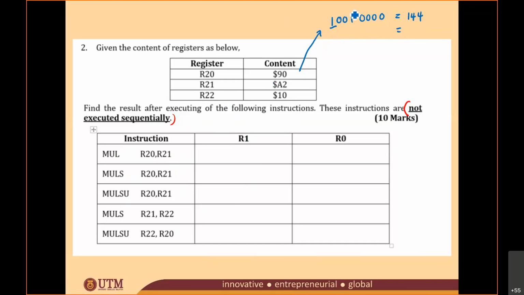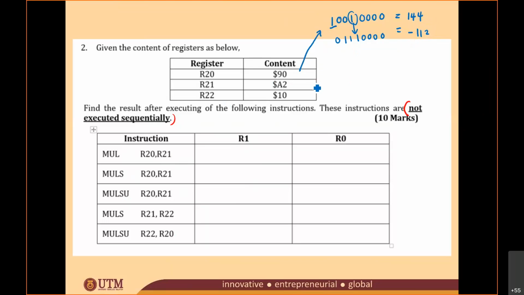First find the first 1. This is my first 1, so I just copy back this value here, and then after that I invert and convert from binary to decimal. What is the value for the negative number? 112. So the positive number is 144, while the negative number for the signed interpretation is negative 112.